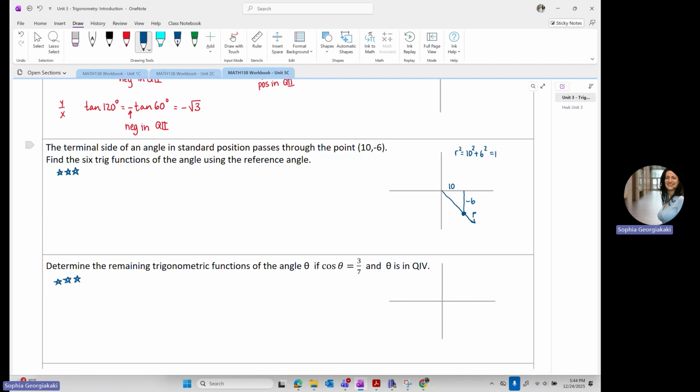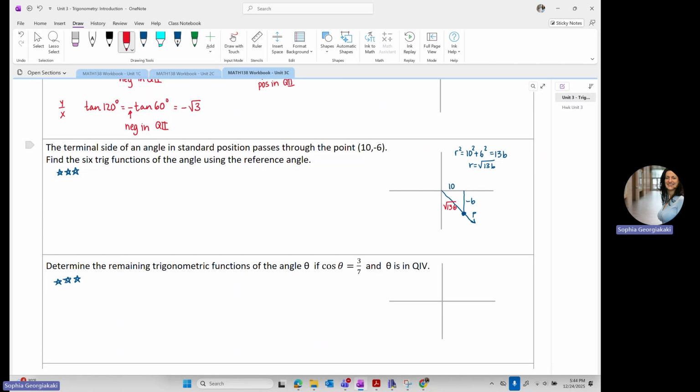So r squared is 136, and that makes r equal to the square root of 136. I don't use plus or minus for r. R is a distance of a point from the origin, and it's always positive. So r is always positive.